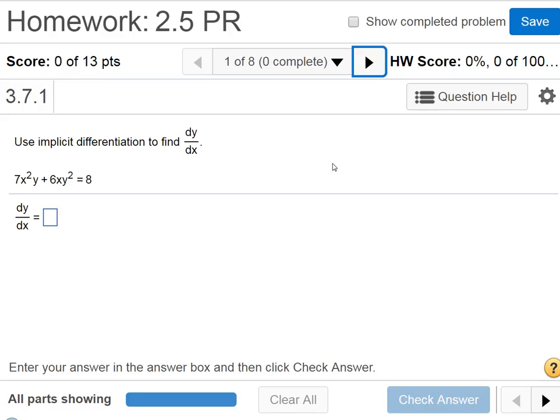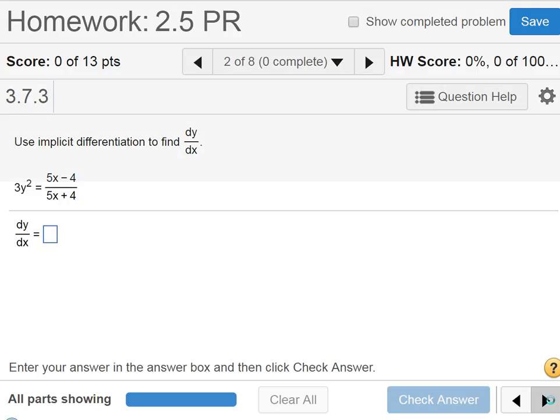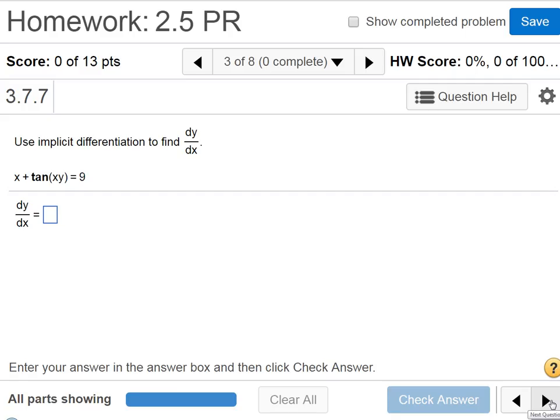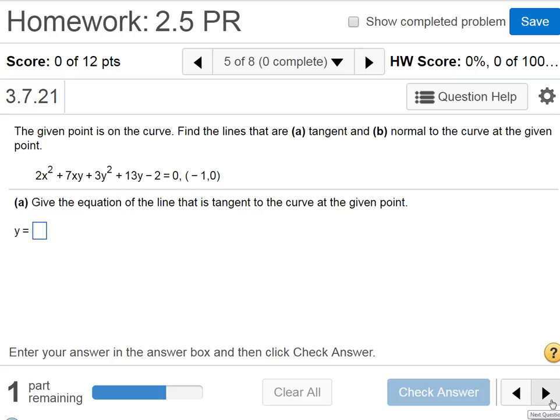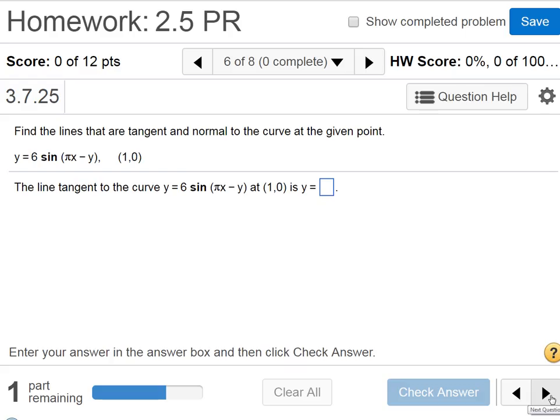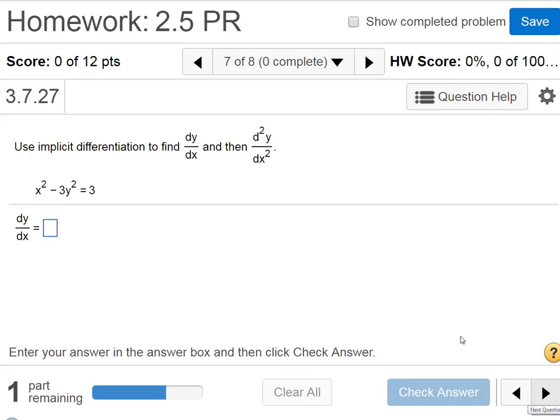So this is the one, let me find the best one to do here. Okay, let's find a really nasty one. Okay, that's a candidate. Yeah, that one. That's the one I want to do.